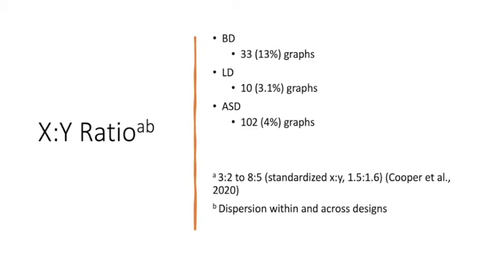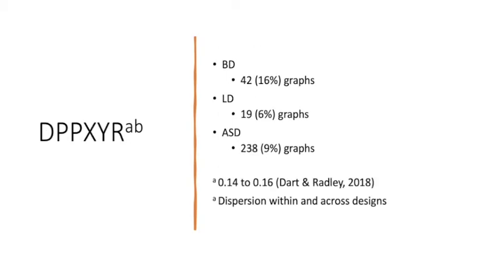Something I do want to highlight here is there was large dispersion of XY ratios, both within and across design types. When we looked at alternating treatments design graphs and multiple baseline design graphs, those ratios were very different. But even within design types, just multiple baseline design graphs, there was still a lot of dispersion in XY ratio. So there just does not seem to be a cohesive approach to graphing data.